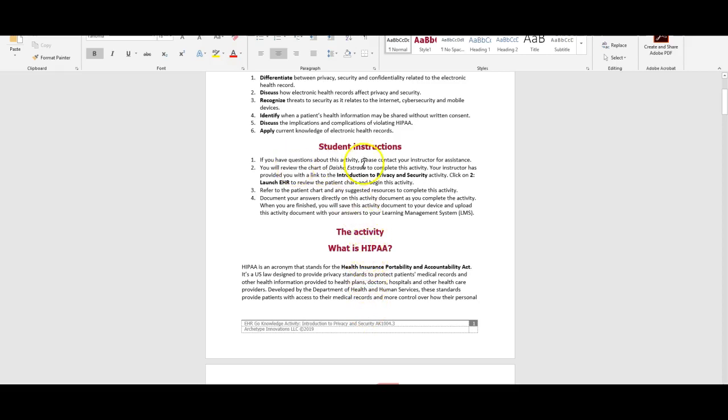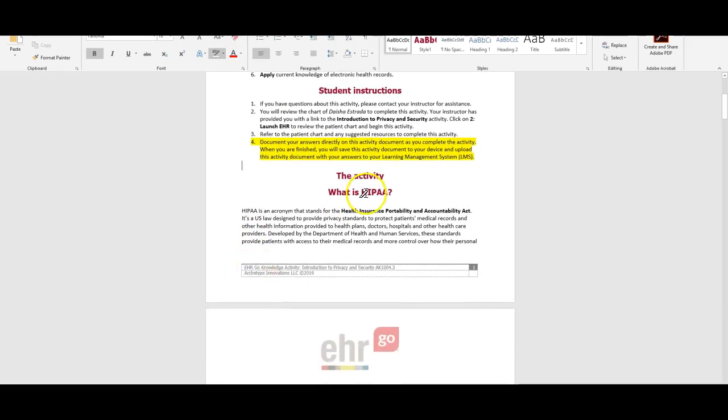You read through the instructions. It tells you to document your answers directly on this activity. So again, you don't have to document anything in the chart. You're going to do it all right here, and you're going to read through all of this stuff.